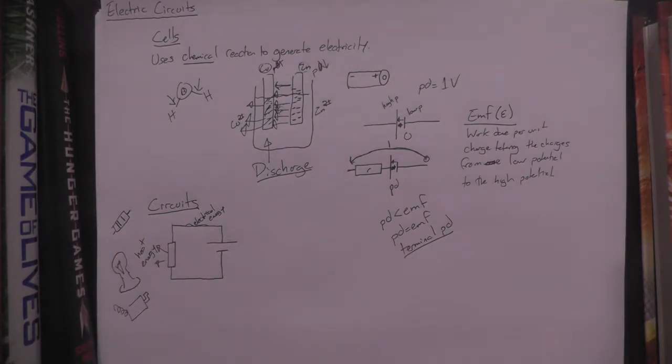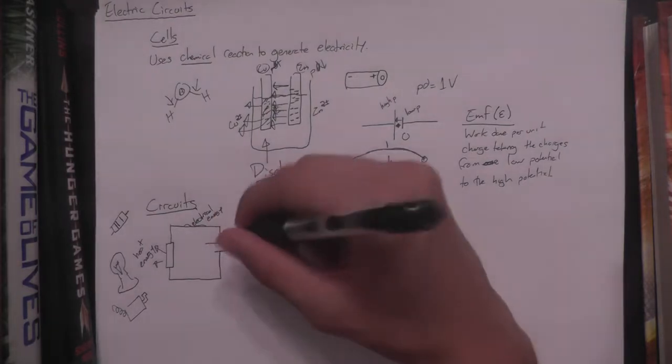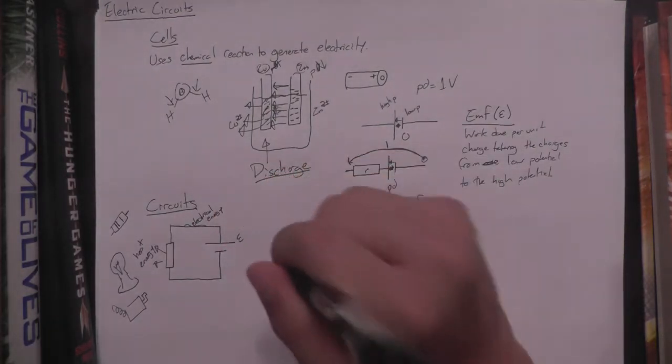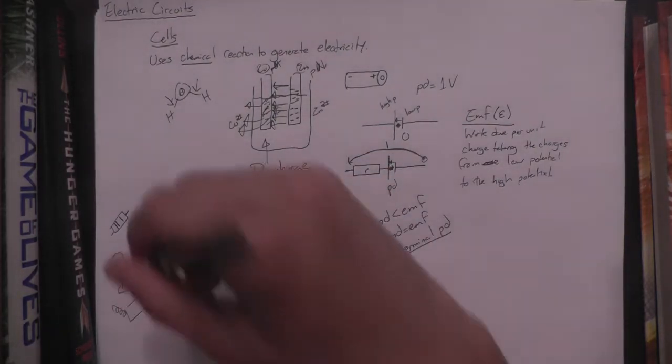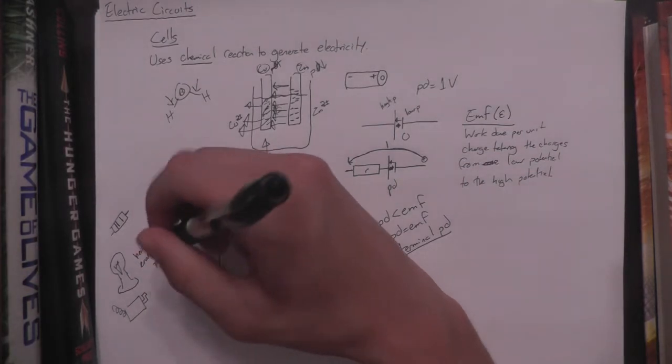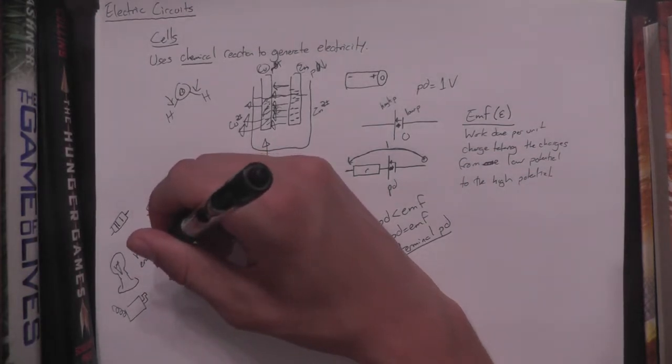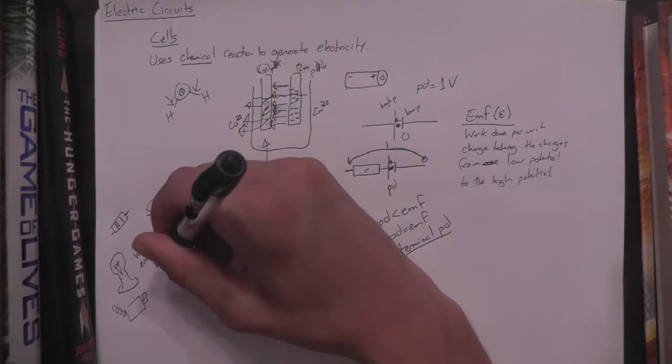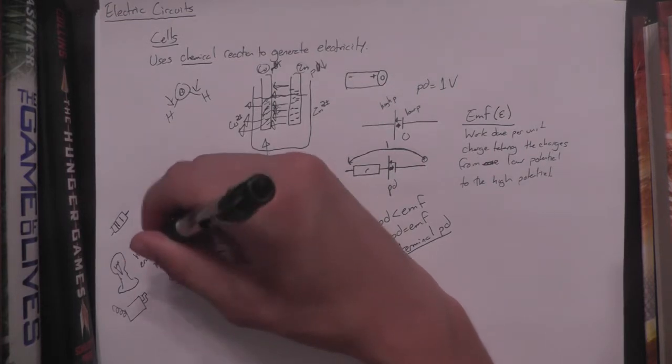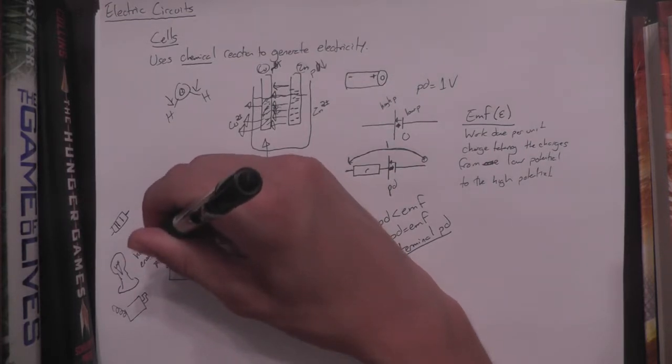Now, the cell is going to have an EMF, right? And the resistor itself, because it is converting that, it's going to have a resistance. And because it's converting the energy out, it's going to have a potential difference.